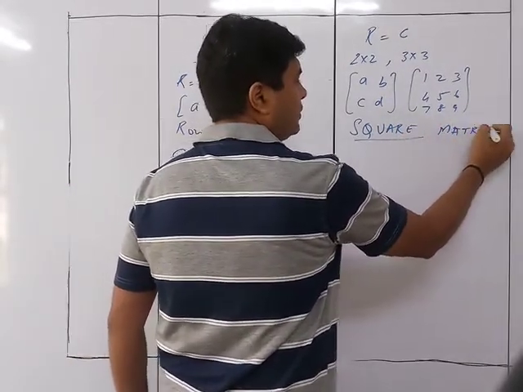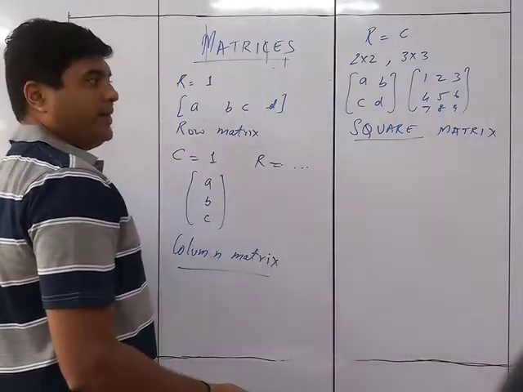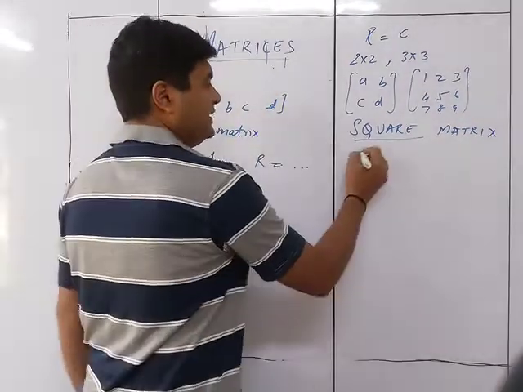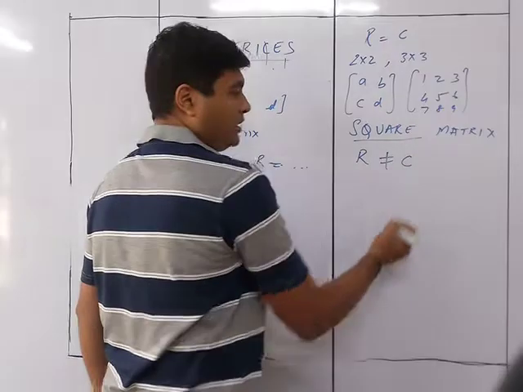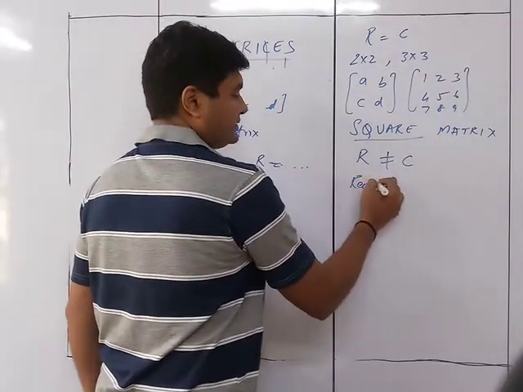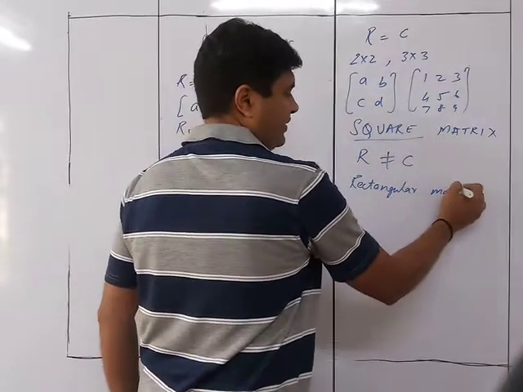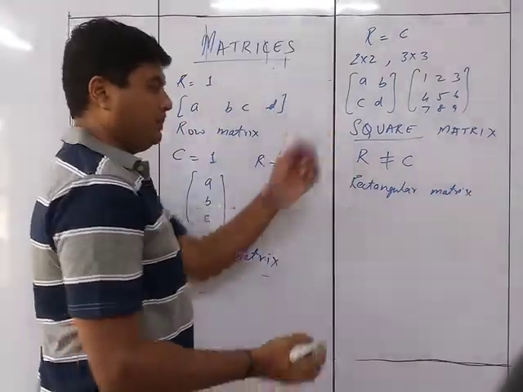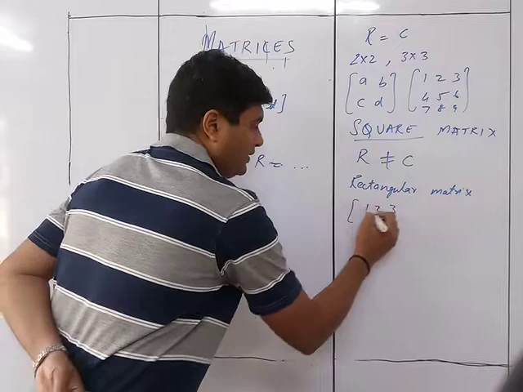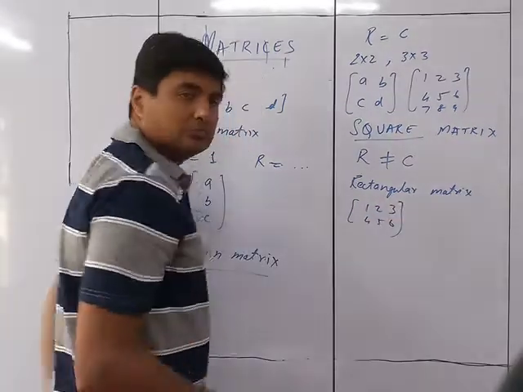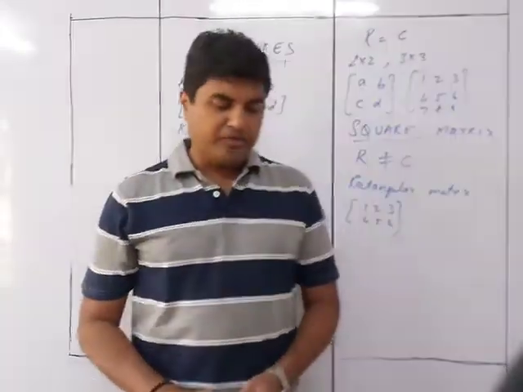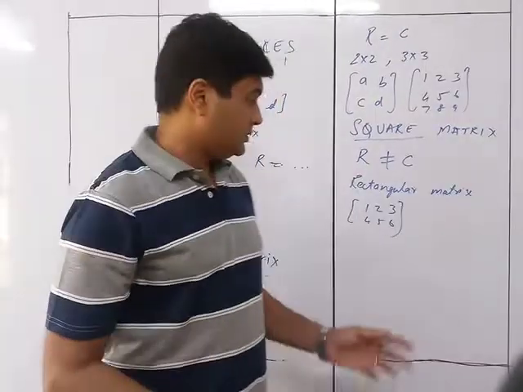So when the number of rows is equal to the number of columns, it is a square matrix. If the number of rows is not equal to the number of columns, then it is a rectangular matrix. It may be something like this, 1, 2, 3, 4, 5, 6. There the number of rows is not equal to the number of columns.